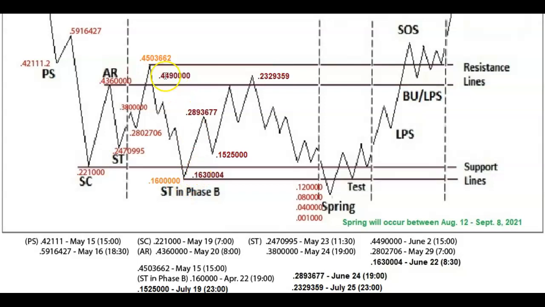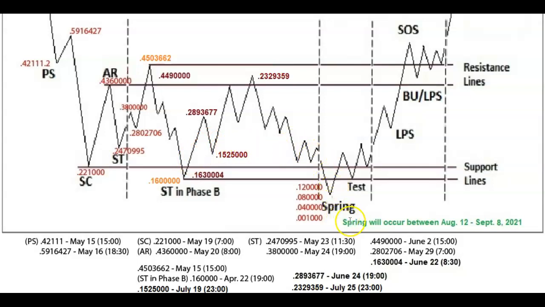And instead of going to 40 cents, it only went to 29,359. Okay, and so this number now is compressed almost down to here because you've got this 2,400 number over here. So this chart has actually shrunk, and so this resistance is running down here, not up here. Okay, so the resistance is being pushed down here.